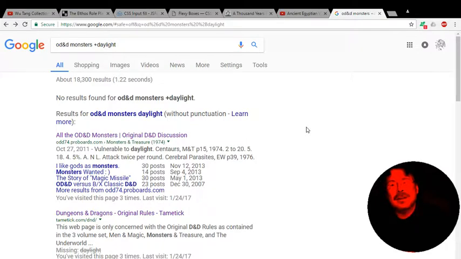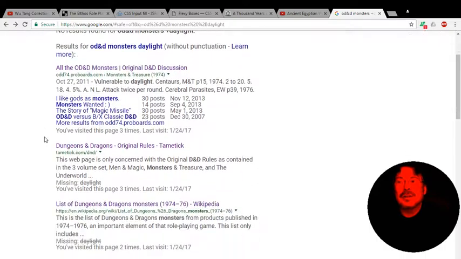So it's pointless to present 18,300 results. We shouldn't even be here. We shouldn't even be in the position of having to look at something that says, oh, I found you 18,300 results in 1.22 seconds. Well, whoop-de-doo, because the results that you presented, Google, are factually incorrect.